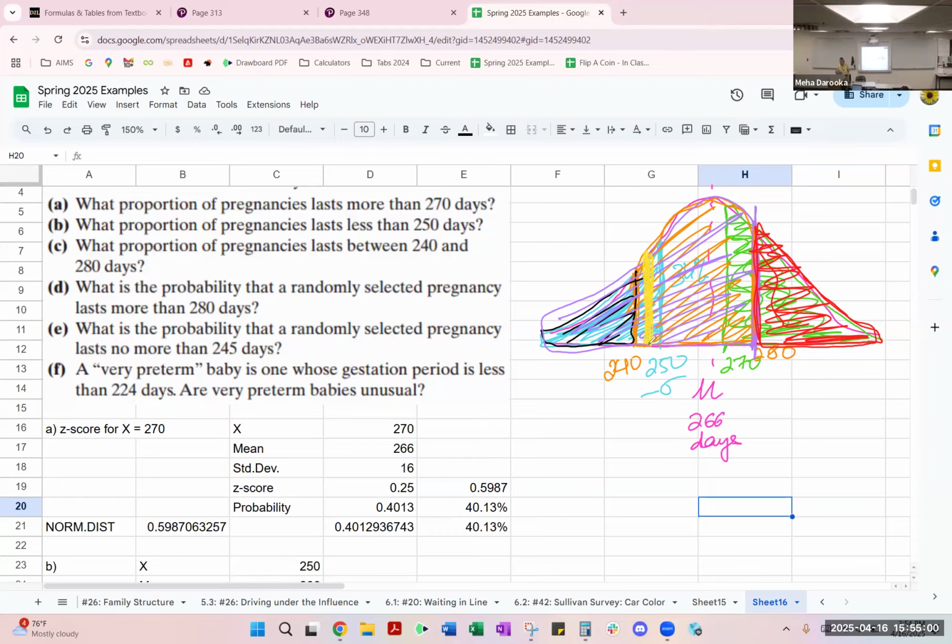But we know 245 is gonna be right there, halfway between 240 and 250, and then of course that means no more than, or everything less than that. So we're talking about this area for 245. So what do you think that guy comes out to?